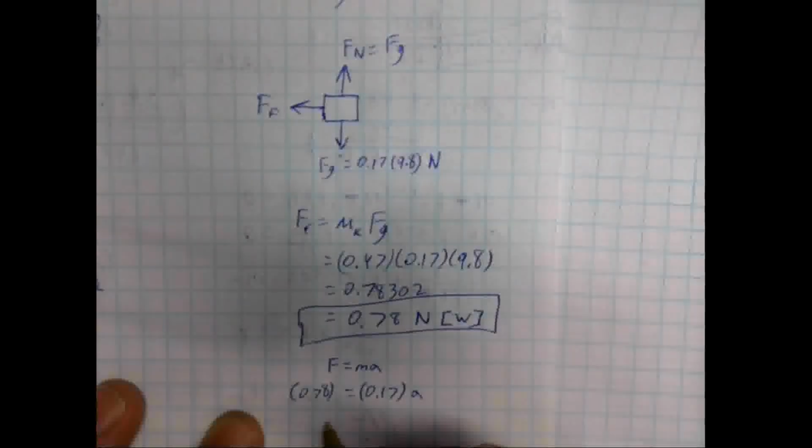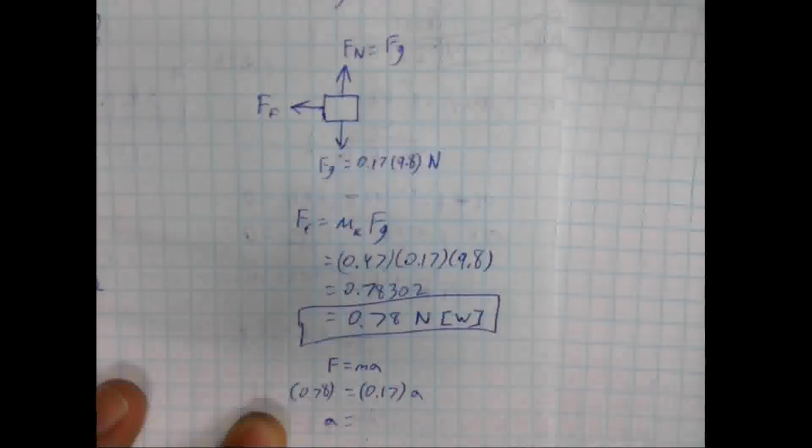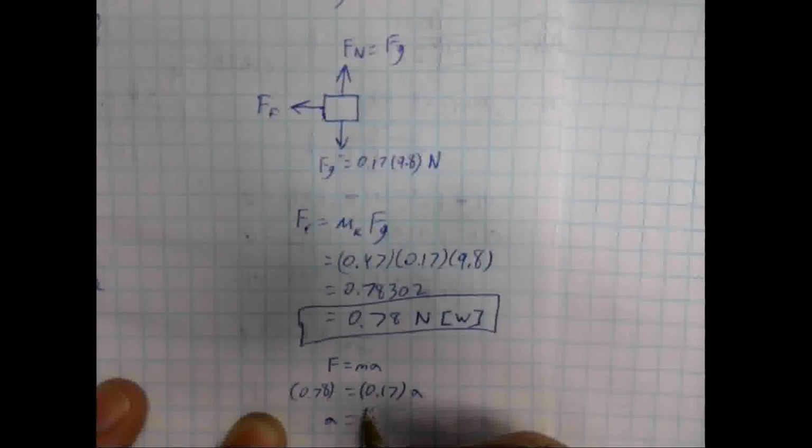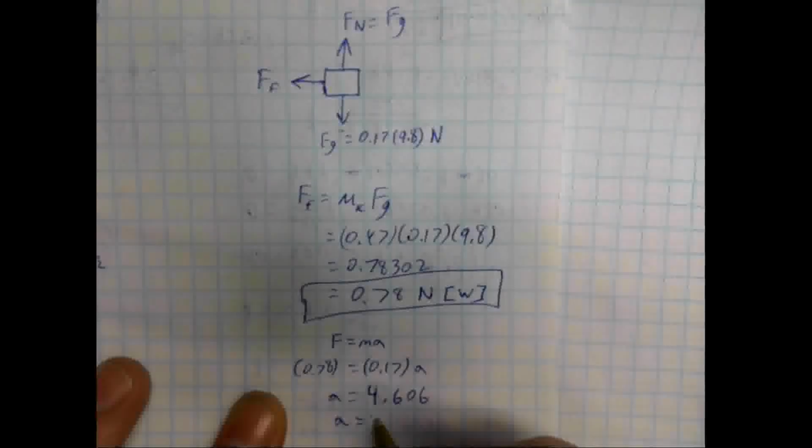My a is unknown. My a becomes 0.78 divided by 0.17, I end up with 4.606, or 4.6 meters per second squared to the west.